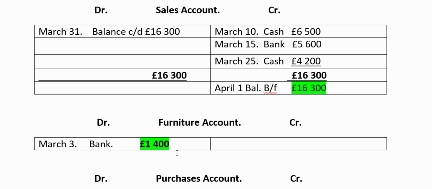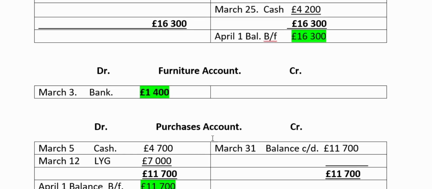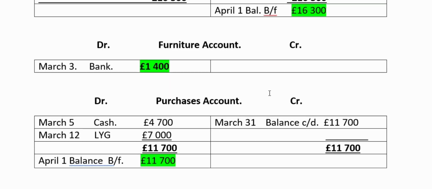March 3rd bank £1,400. The purchases account is also opened. All the funds available at the credit side of the cash book are now taken to the debit side of the ledger. So when the purchases account is open, we have the items recorded in the debit side.